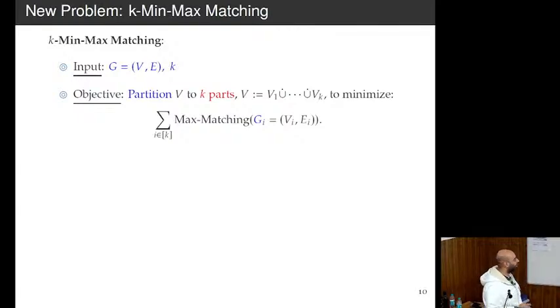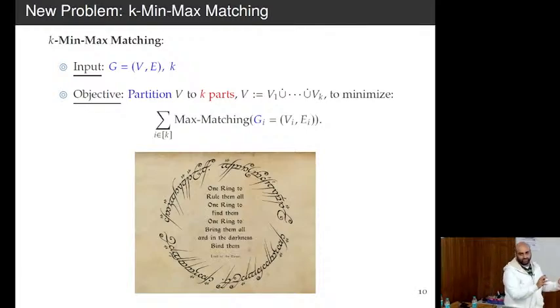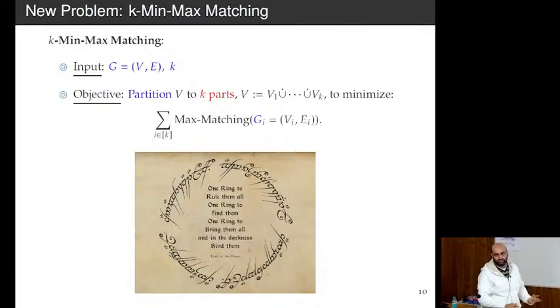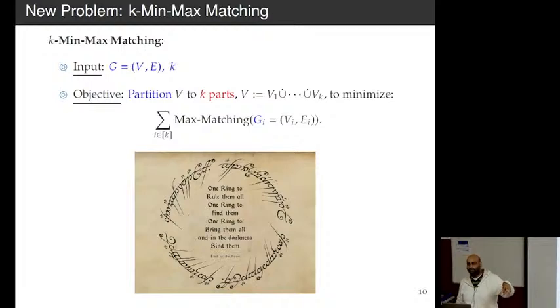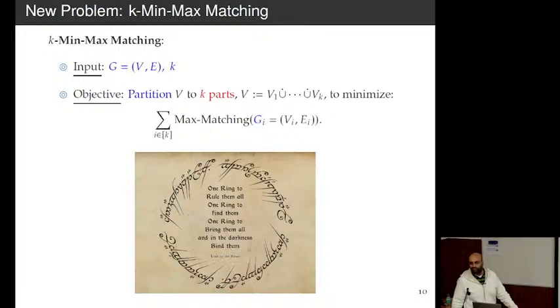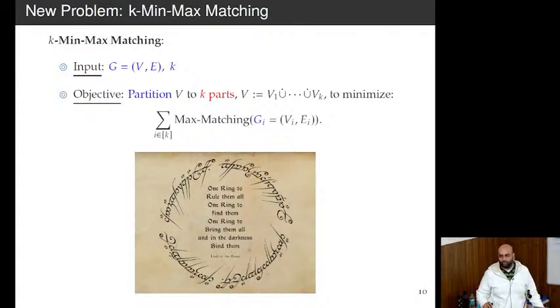And my claim is this is at the core of everything in k-means and k-median. What is G_i? G_i is you look at V_i and the induced subgraph of V_i in G. Intuitively it's good to think of it like this.